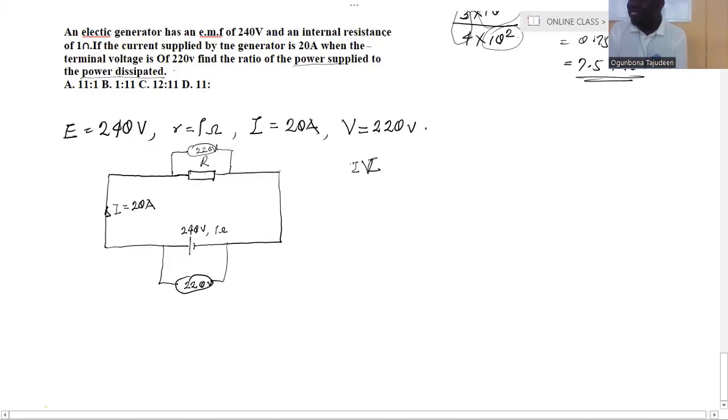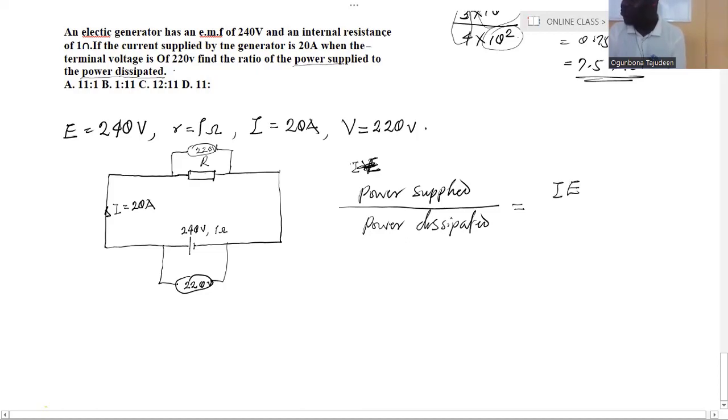Let me use IE now. The power supplied by the generator and power used up, dissipated. The power supplied is I times electromotive force, and the power dissipated uses IV.